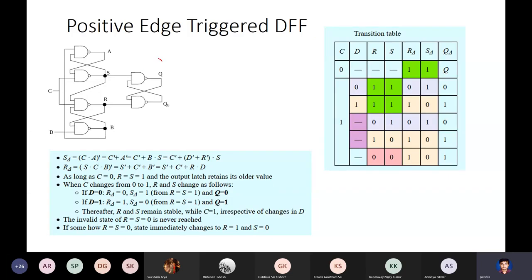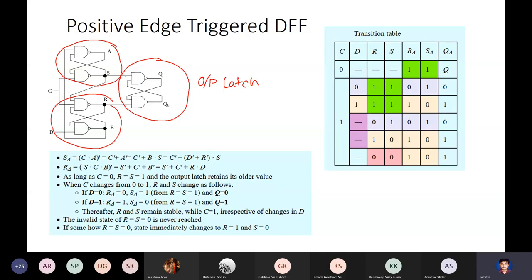One of the latches is the output latch. And these 2 latches are called differential latches because they are tied to the S and R input. So the first latch sets in the positive; the enabling happens only in the positive.